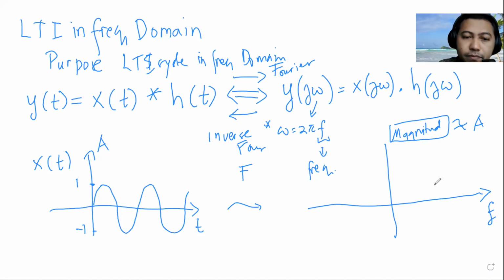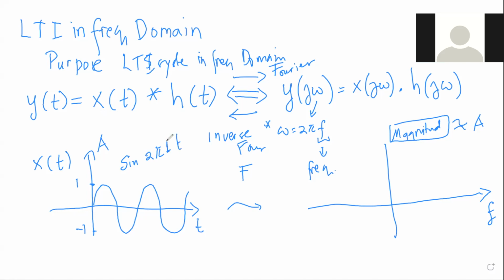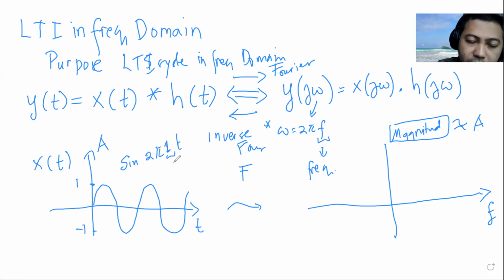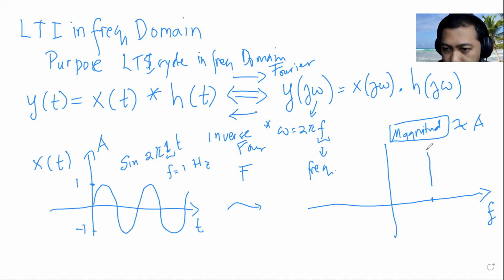For example, we have sin(2π·1·t). This is 1, which means f is 1 hertz. It should be like this. This is 1.